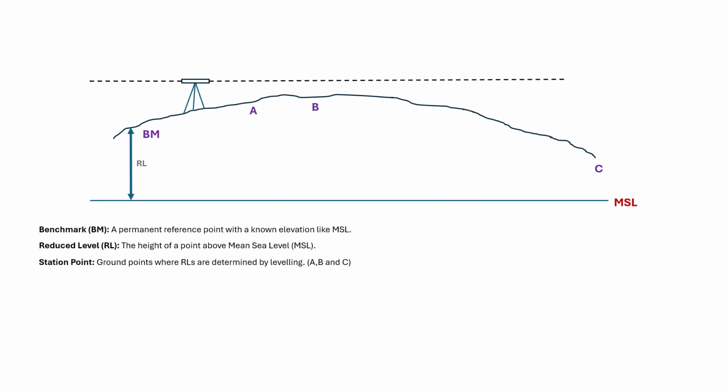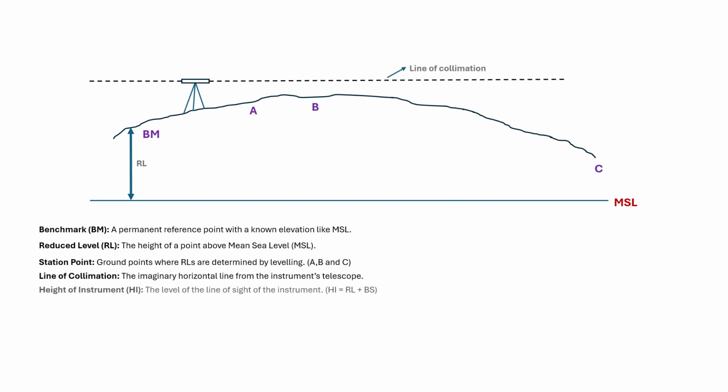The imaginary line passing from the center of the telescope would be known as the line of collimation, and the height from the mean sea level to the line of collimation would be known as the height of the instrument, and it would be got by using the formula of reduced level plus backsight.